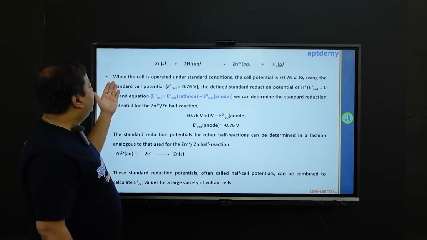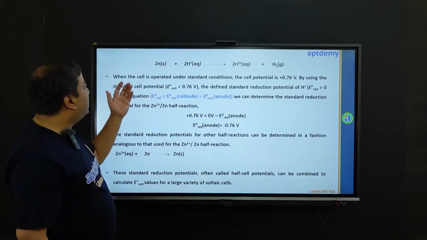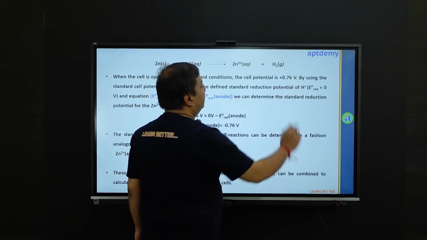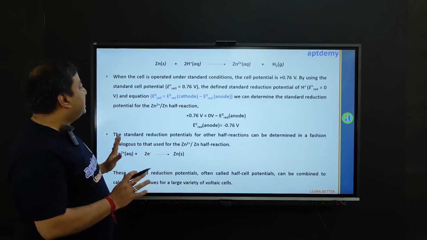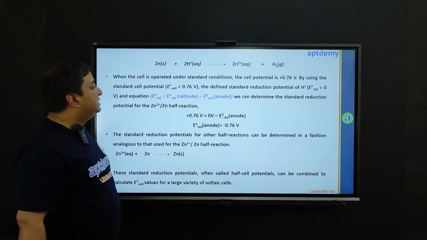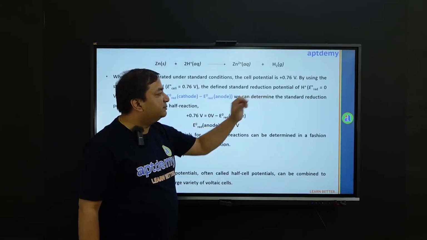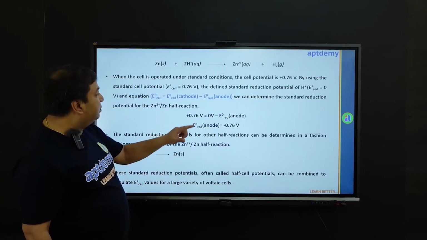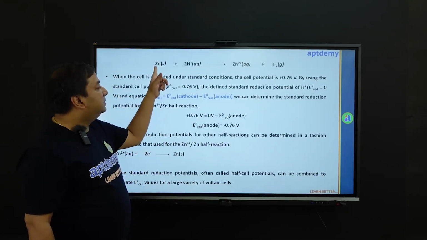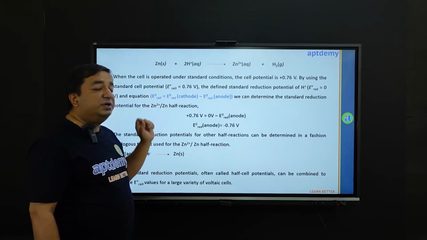When these two are connected and we measure the cell potential under standard conditions, the cell potential we will get is 0.76 V. Now, using this standard cell potential, E0 cell equal to 0.76 volt, and the defined standard potential for H+, E0 red equal to 0 volt, one can calculate the half cell potential for Zn2+ going to Zn.